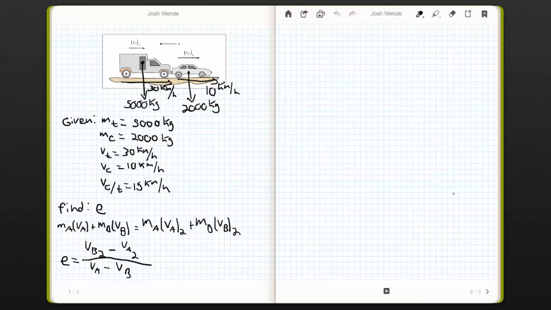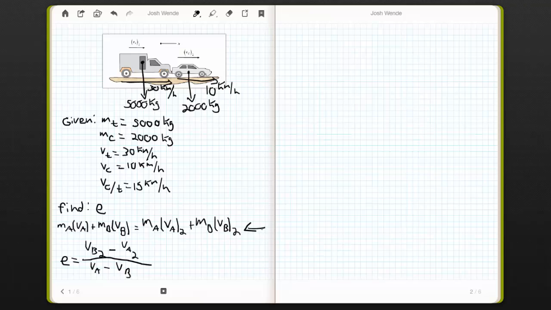In order to do that, we'll need to use the conservation of momentum equation. Right there. We need to use that to solve for the final velocities.